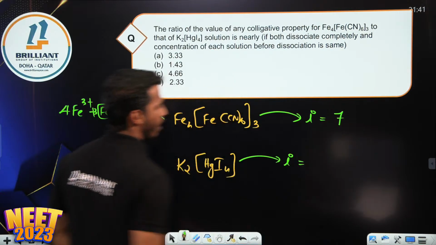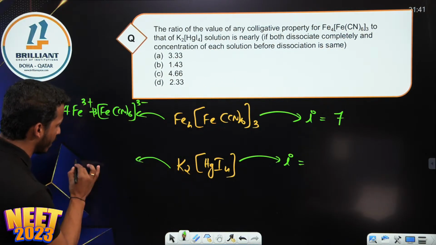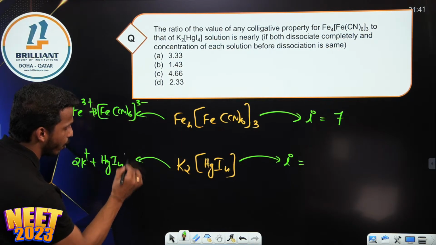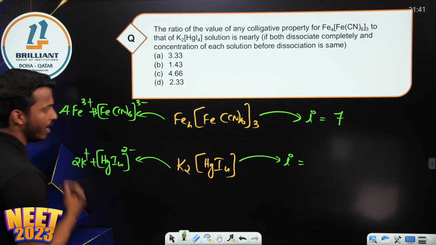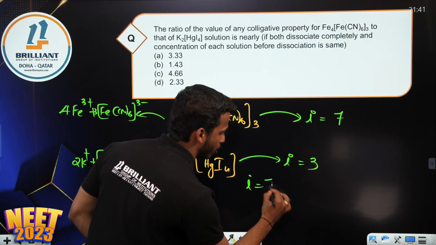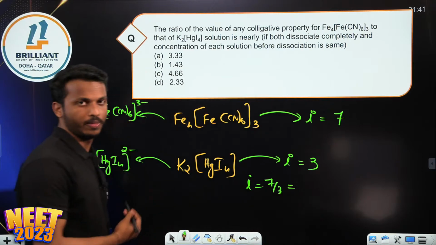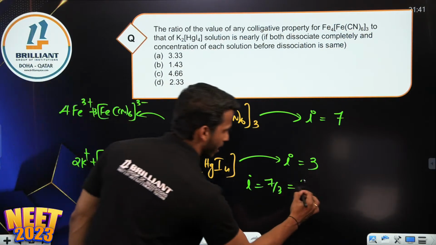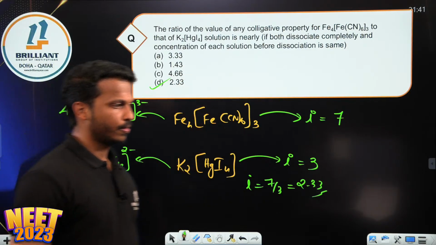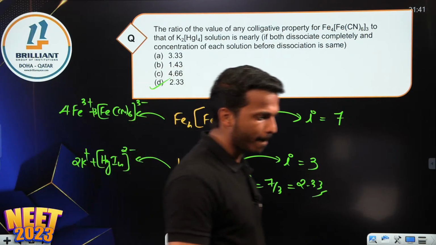So 7. What is the I value for the other complex? It splits as 2K+ and HgI4 2-, so total 3 ions. So take the ratio of their I values: 7 by 3, that's 2.33. That is option D. Correct, right?